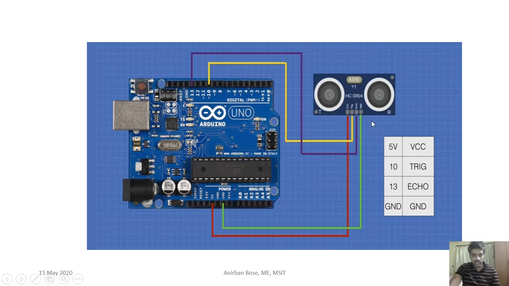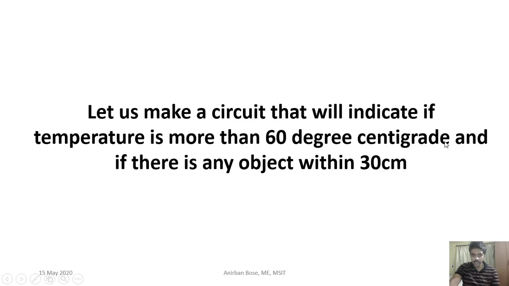Now let us make a circuit that will indicate if the temperature is more than 60 degrees centigrade and if there is any object within 30 centimeters. That means we want to use at least two sensors here: one is the temperature sensor that will read the temperature, and another one is the ultrasonic sensor. With the temperature sensor, we want to know whether the temperature of a certain object is more than 60 degrees or not.